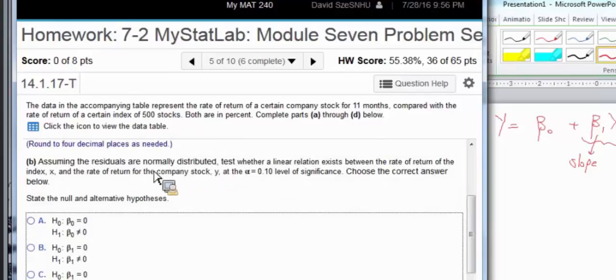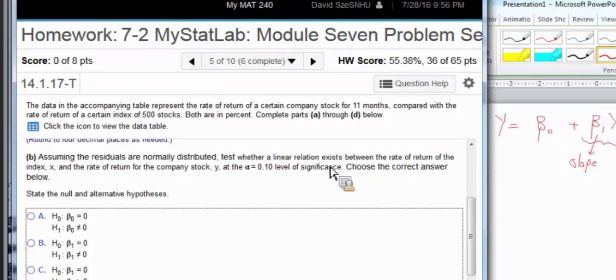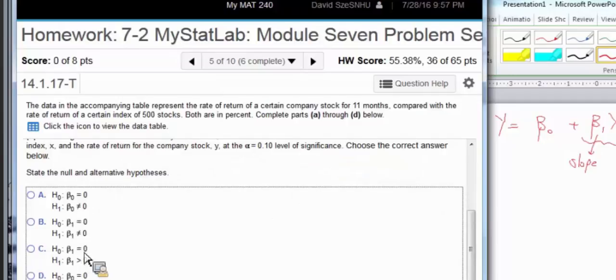This says whether a linear relation exists. It doesn't say test whether a positive relation exists or test whether a negative relation exists. It says a relation. So that's a two-tailed test. We're seeing if the slope is 0 or not 0.